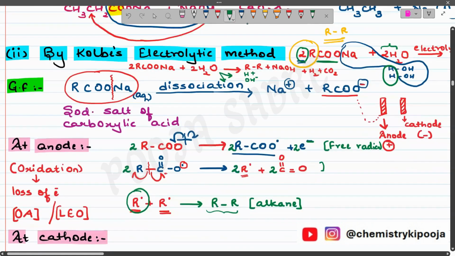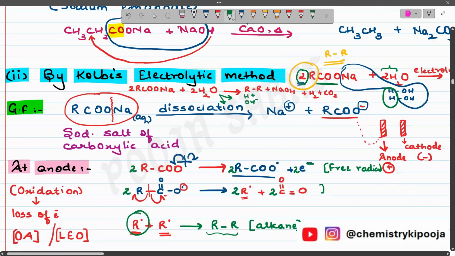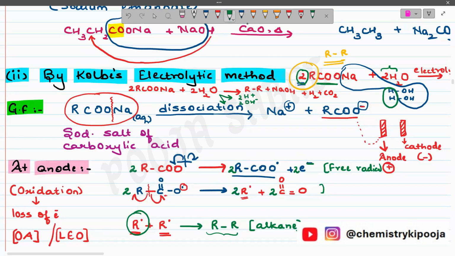Don't get confused. So 2H2O basically will give me 2H plus and 2OH minus, right? So on the cathode, we now have two possibilities. Either this H plus will go, or from here Na plus will go. Do not get confused. Here we have Na, and we also have H plus.